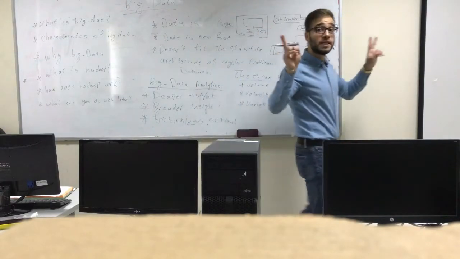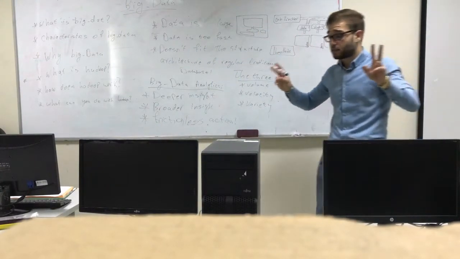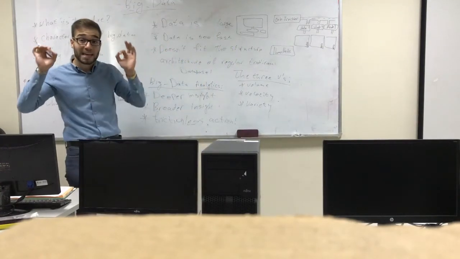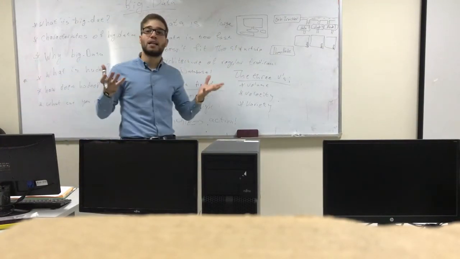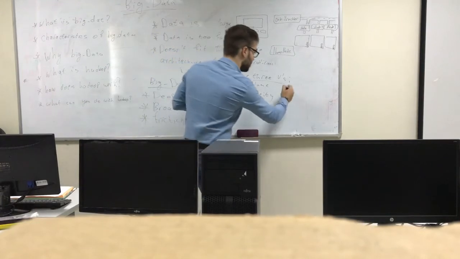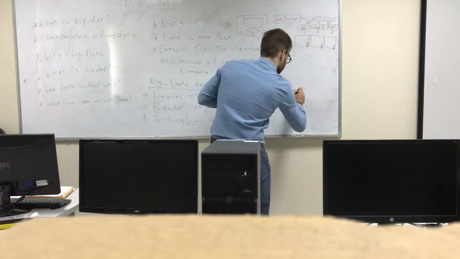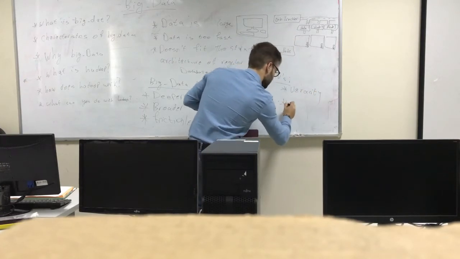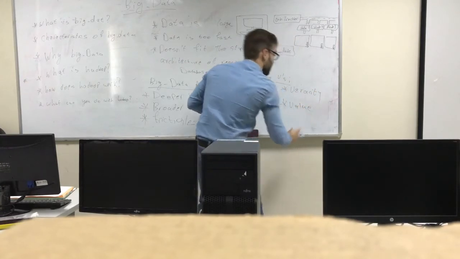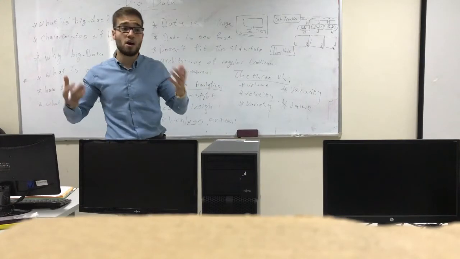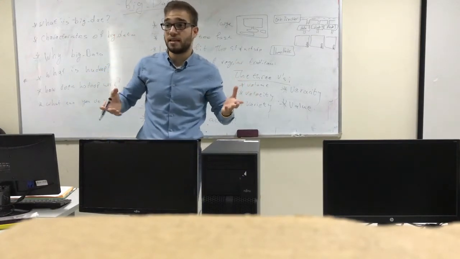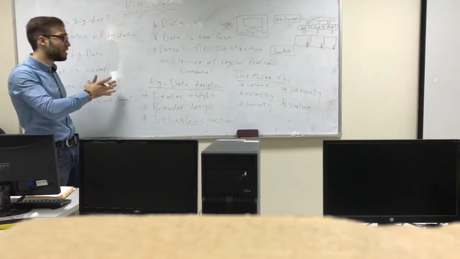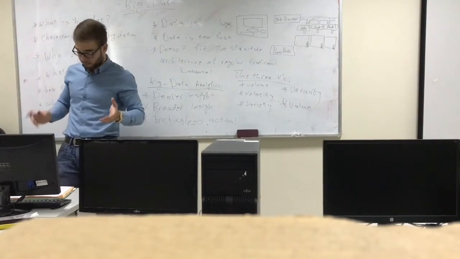Some people add 2 V's to this, which are really important: the veracity and the value. What is the value of this data? The value of this data, the knowledge that is behind it, that is what we want in the end. We want to analyze the data and get knowledge out of it.